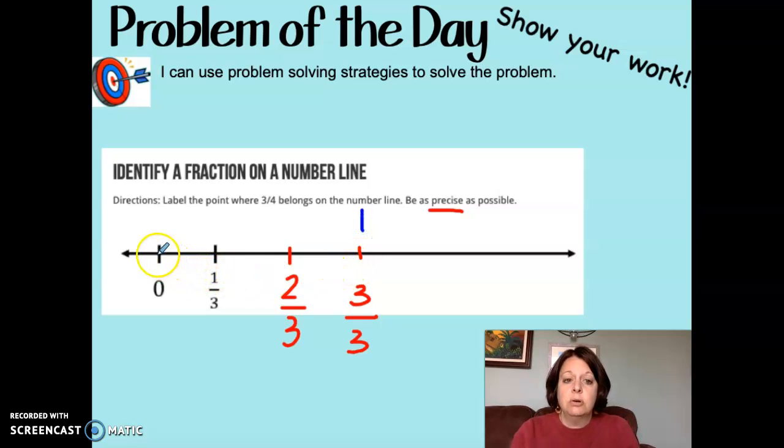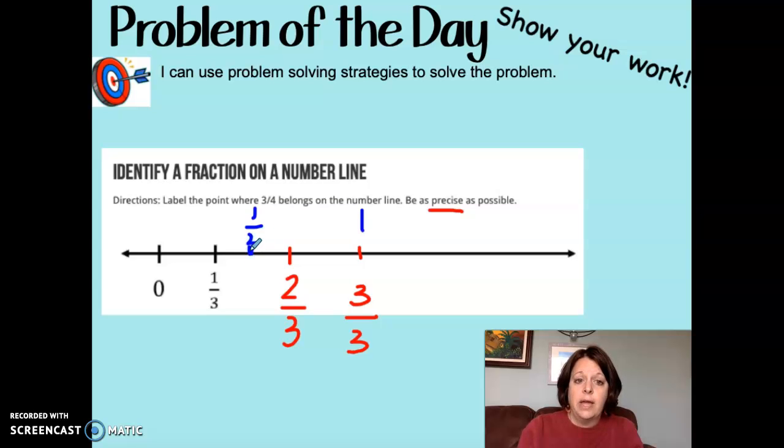So if we know 0 is here and 1 whole is here, then we need to look at the halfway mark to plot out our half. So 0, 1, I'm going to guess half is about, let's see, using my fingers again, yeah, that's pretty close. So I'm going to say 1/2 is there.